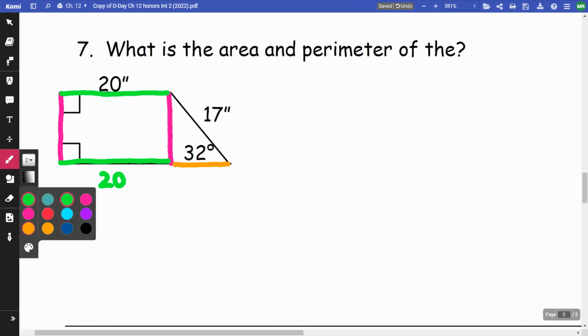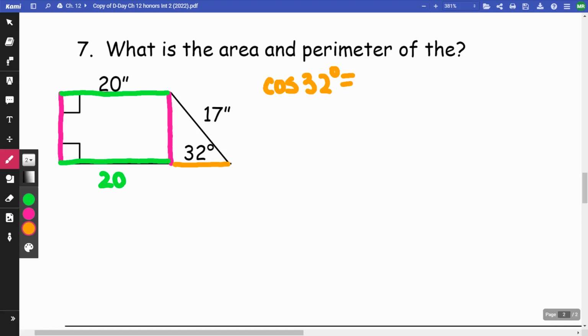And I'm going to be using that 32 degrees. So let's say I'm going to find the orange. For the orange, if I'm going from the 32 degrees, I want to use cosine. So I'm going to do cosine of 32 degrees is equal to, let me just call this x, x over 17. So I'm going to have 17 times cosine of 32 is equal to x.